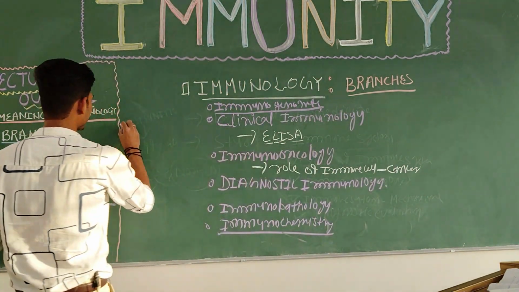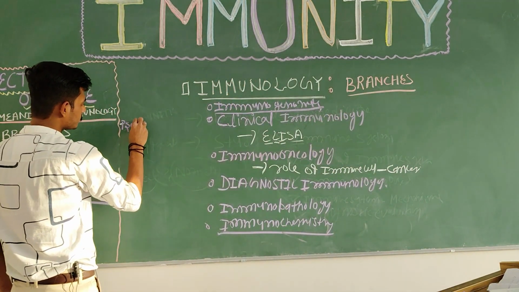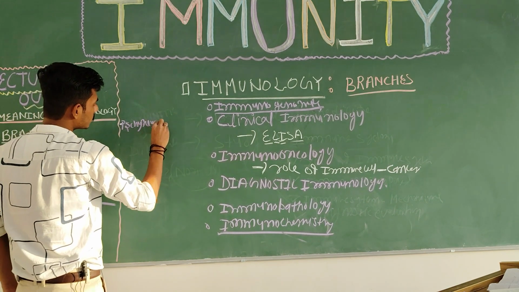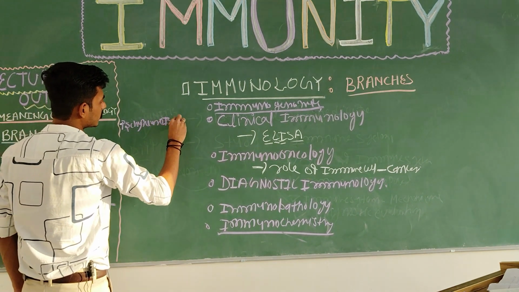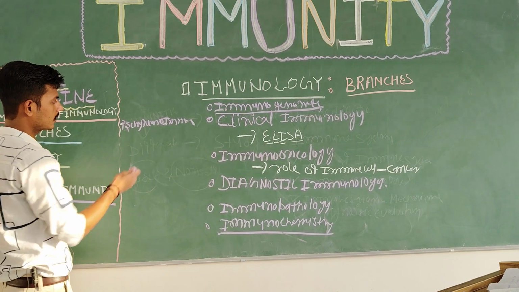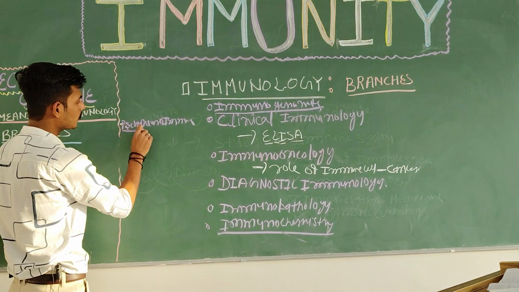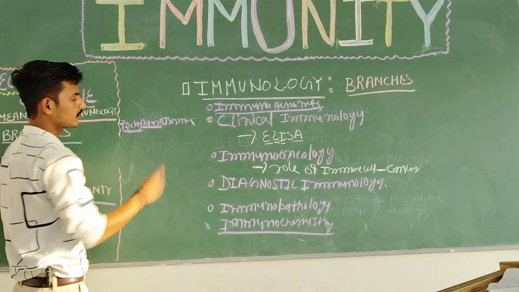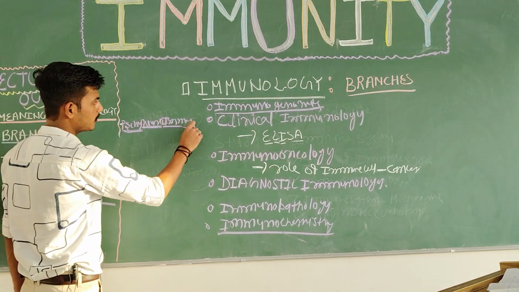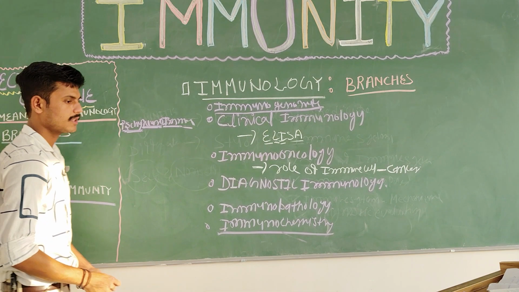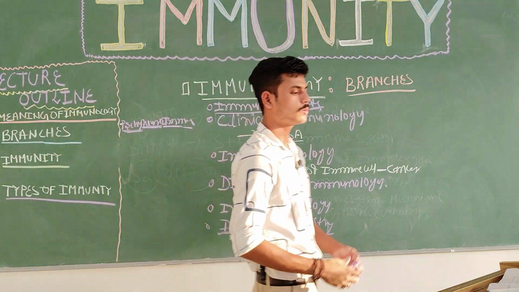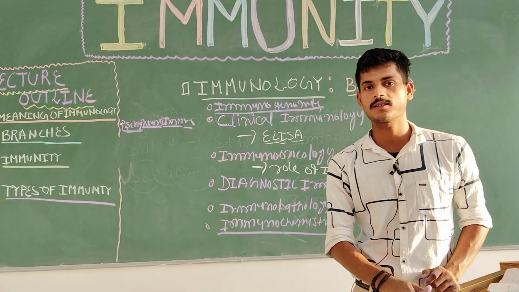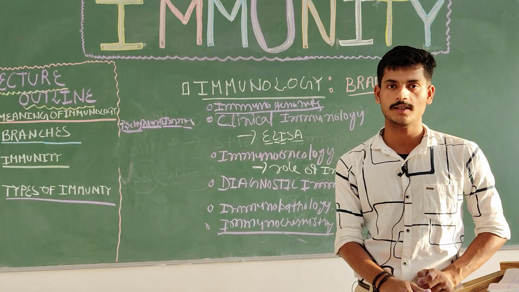Write it down. You can break this word: psycho is used in the context of psychology, neuro in the context of neurology, and immunology you are studying here. So basically we are studying the role of the immune system in psychological disorders.